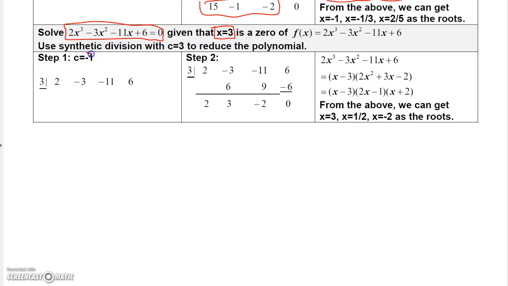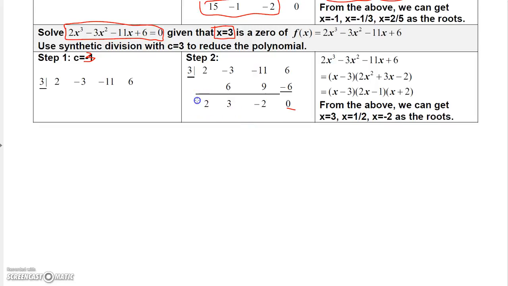So actually that should say 3. So 3, divide 3 into this. These are the coefficients. So, do synthetic division, bring the 2 down. 3 times 2 is 6, and then add 6 to -3 and I get 3. Then 3 times 3 is 9, add 9 to -11 and I get -2, and then 3 times -2 is -6, and 6 plus -6 is 0.